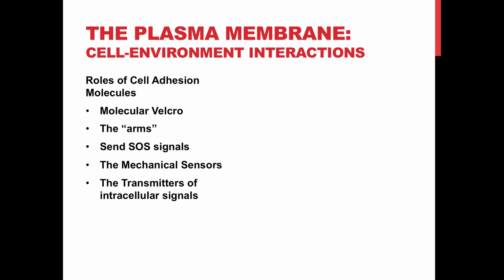SOS signals sticking out of the blood vessel lining that rally protective blood cells to a nearby infected or injured area. Mechanical sensors that respond to changes in local tension or fluid movement at the cell surface by stimulating synthesis or degradation of adhesive tight junctions. Transmitters of intracellular signals that direct cell migration, proliferation, and specialization.